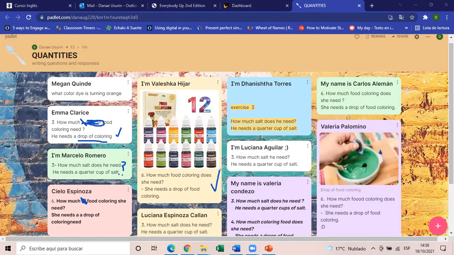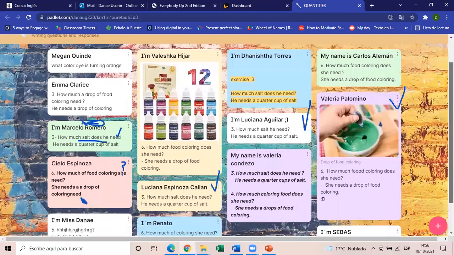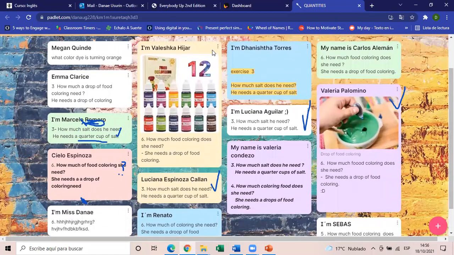Okay, it's good. Good. How much food coloring does he? Okay, excellent here. Good, good. Excellent, Valeria, that's right. He needs a quarter cup of salt. That's right, great. Okay, that's excellent.